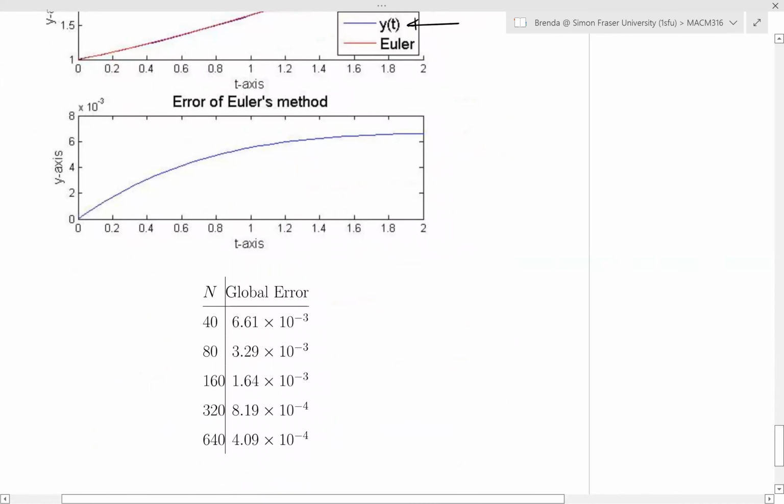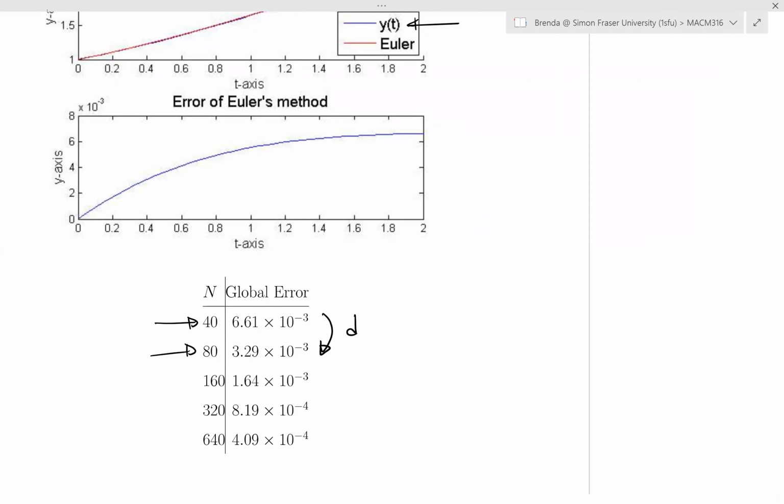Now this is where you take 40 steps, you take 80 steps. This is increasing on that side, and you'll notice that the error is decreasing by a factor of 2, it's halving, while the number of steps is times 2.